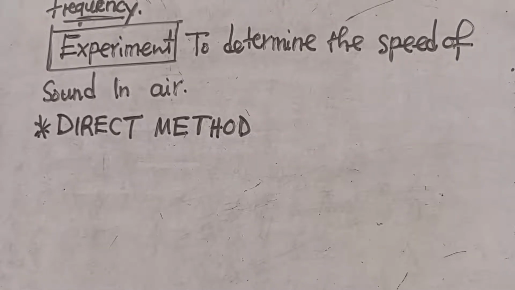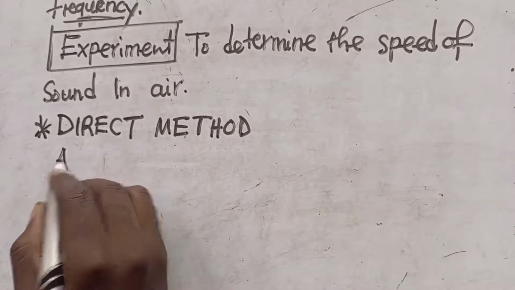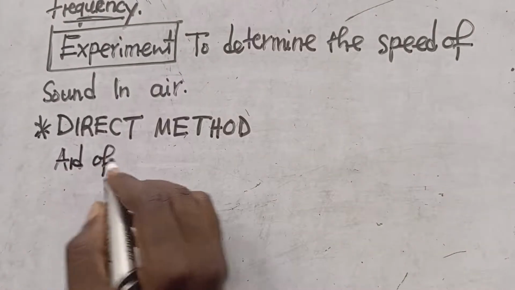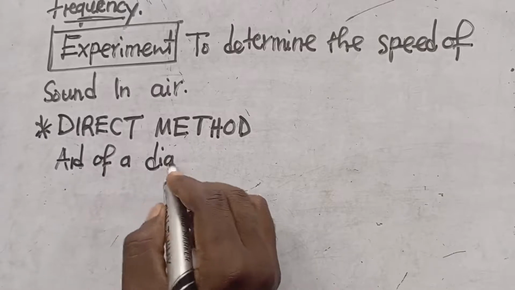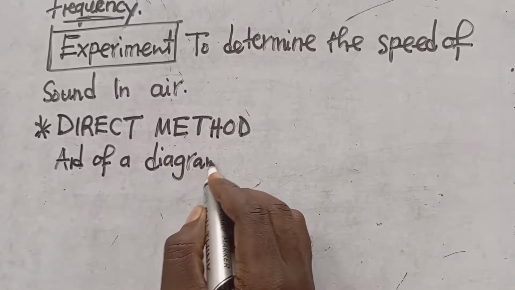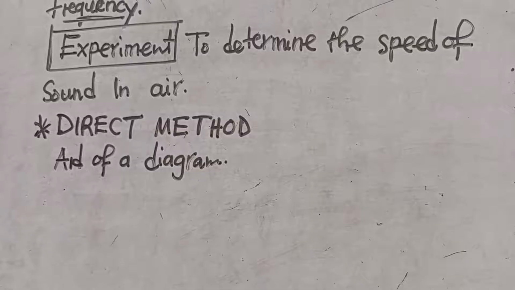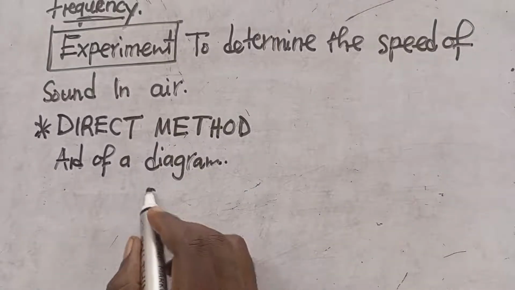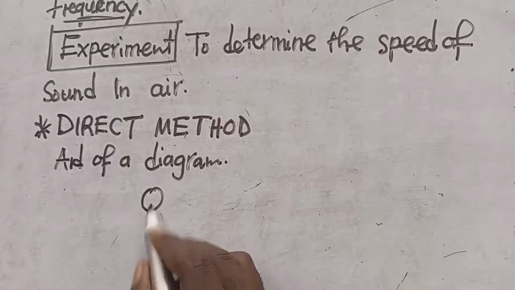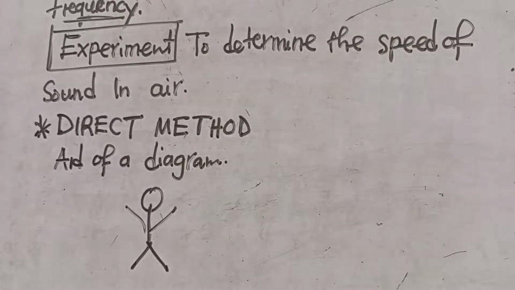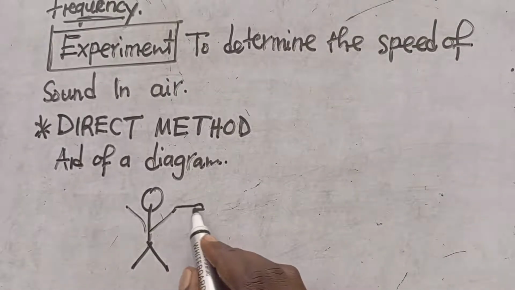Here, I want to explain this with the help of a diagram. I get two people. This person here is having a pistol.